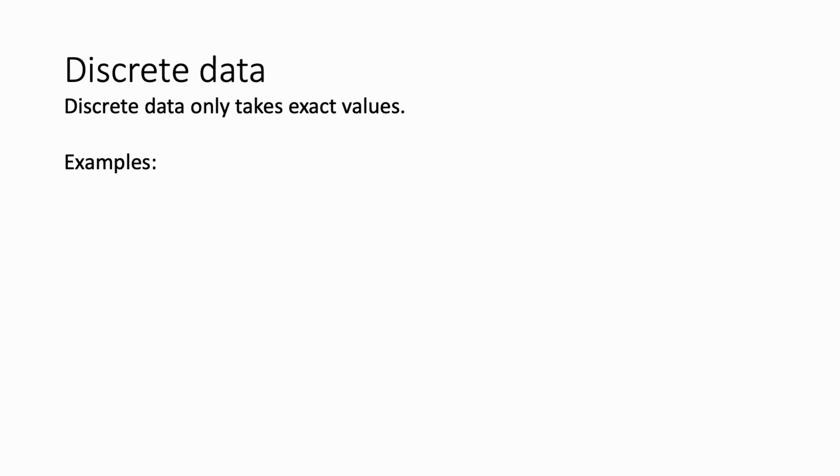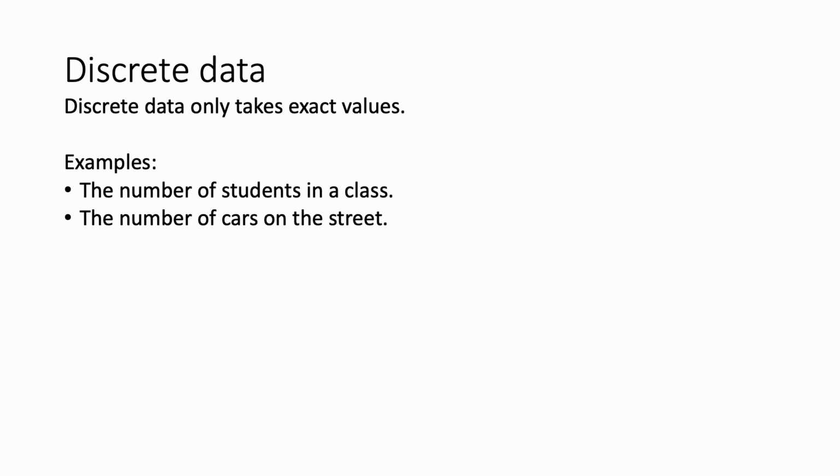For example, the number of students in a class, the number of cars on the street, or the number of subscribers on a YouTube channel. No matter how many subscribers there are, they're still discrete. There are no fractional values. For example, even if the video says there are 1.16k subscribers, it actually means 1,160 subscribers.